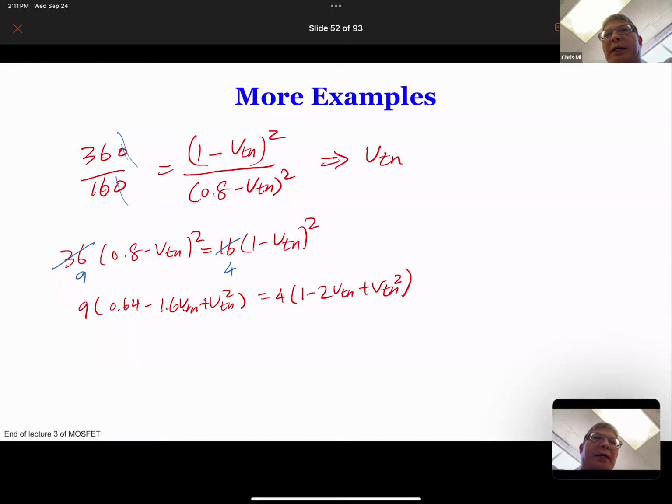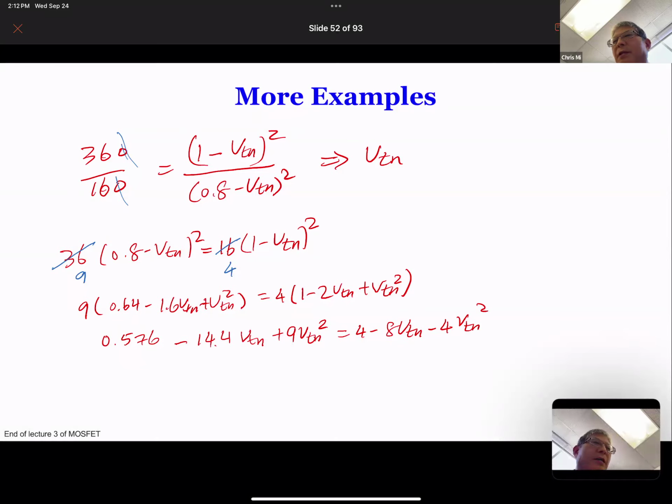So 9 times 0.64 gives you 5.76, minus 14.4 VTN plus 9 VTN squared, equal to 4 minus 8 VTN plus 4 VTN squared.